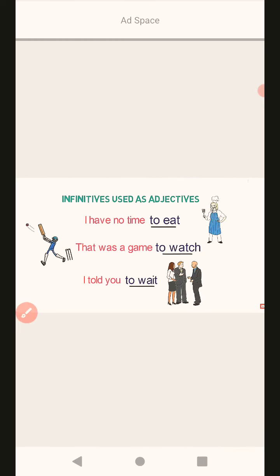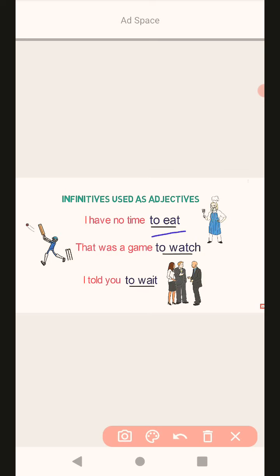Children, here you will learn how infinitives are used as adjectives. Here you can see in the first sentence, I have no time to eat. So here to eat is defining the time. Anything which qualifies a noun, which tells something about the noun, which gives some information about the noun, is an adjective.